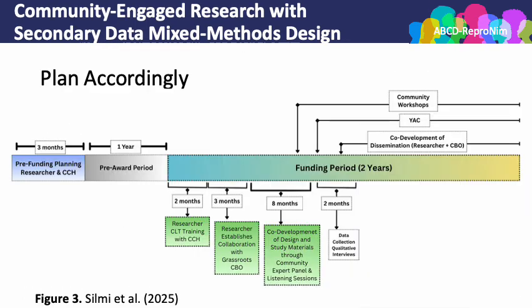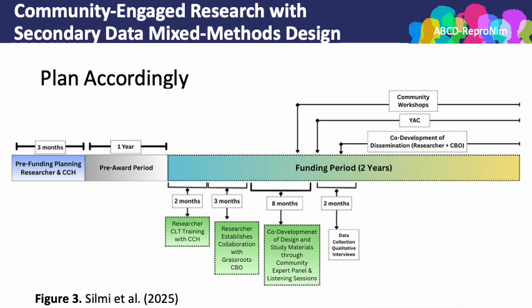And so in the same paper, we talk about planning, and the importance of planning accordingly, and we take some time to really describe the timeline for which we were able to include early planning with our community partner in these stages of the initial development of the grant application.